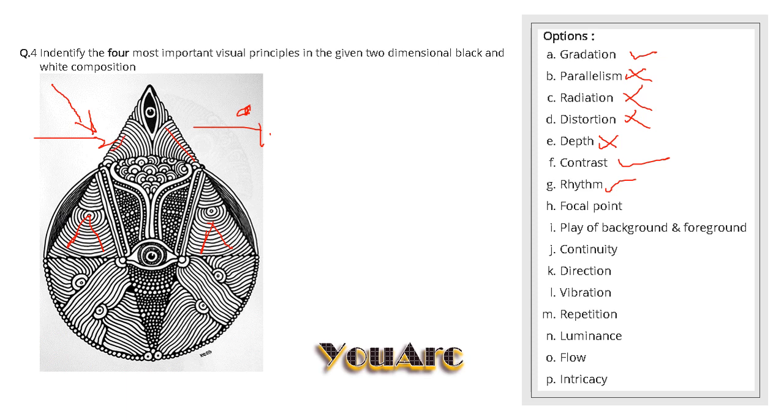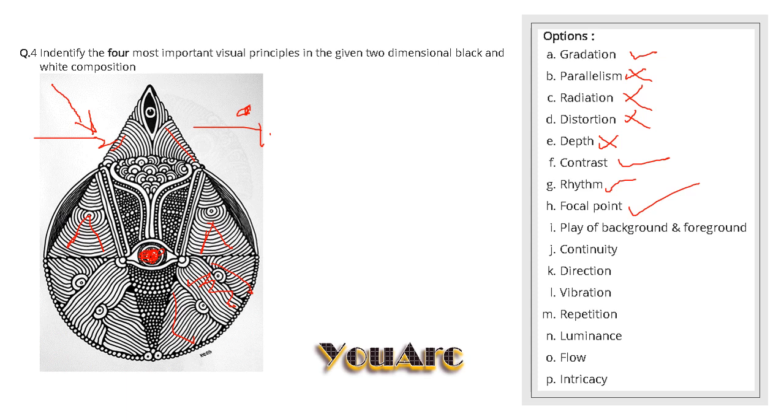See, here it is repeated, here it is repeated, here in a different way. I feel rhythm is there, but comment to tell me whether it is there or not. I'm not sure. Focal point is definitely there, and here is the focal point.